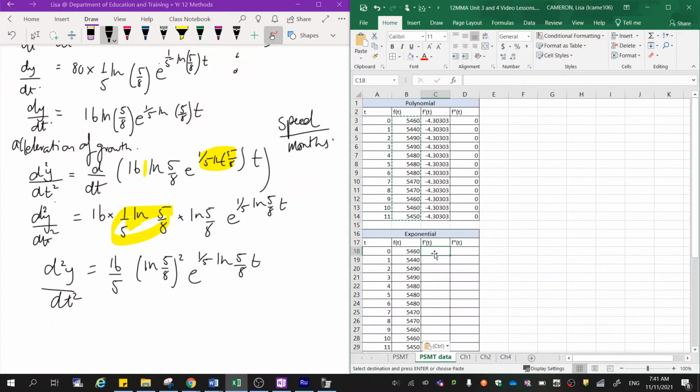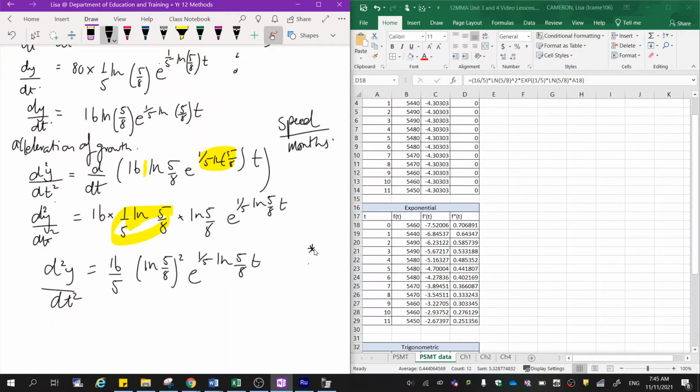Now, the next thing we're going to do is press equals. And now at this point, it's going to look like I've done some magic because I've had to edit the video to chop some things out while I got my code to work. So over here in my exponential function table, if I click this cell here, this is the code that I've entered. Now, this blue part here is referring back into my table of values so that I can get all of the different speeds that are occurring at that point.